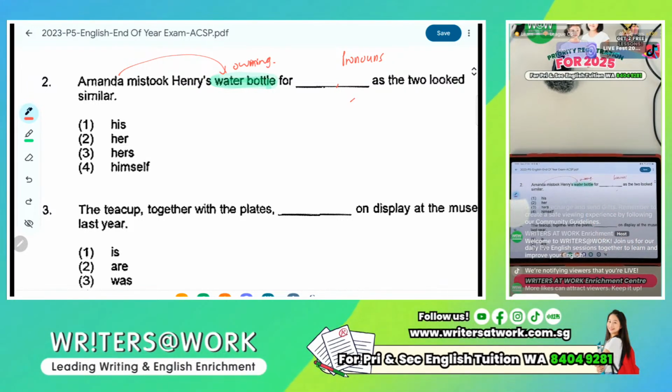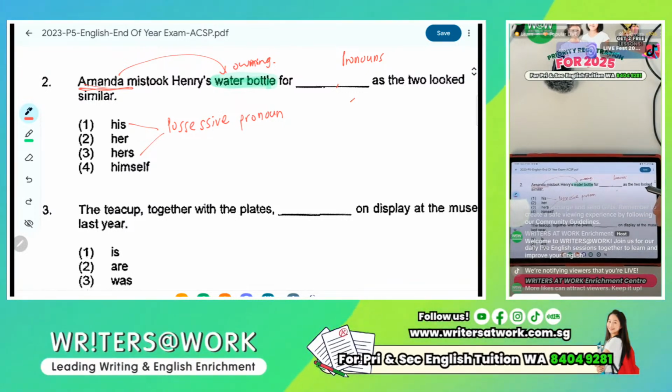Alright? Looking at our options, his and hers, these two are known as possessive pronouns. These two words are used to show that the person owns something.